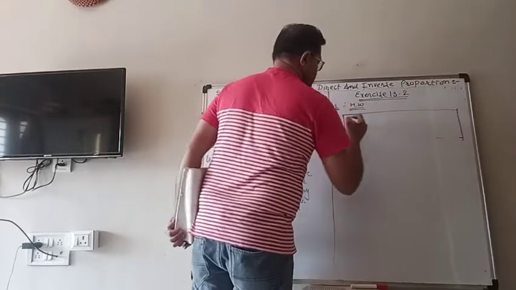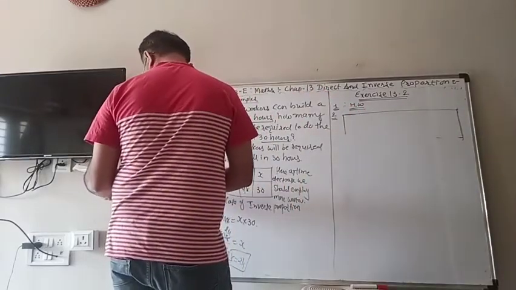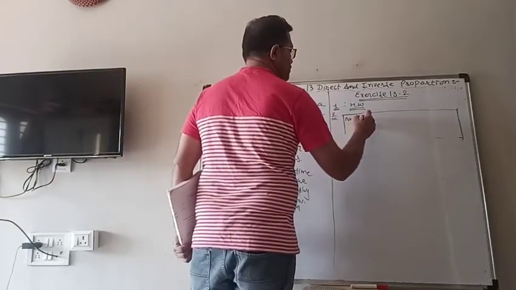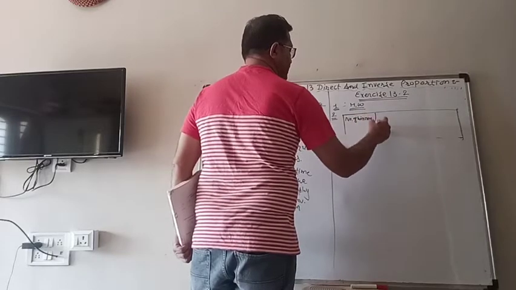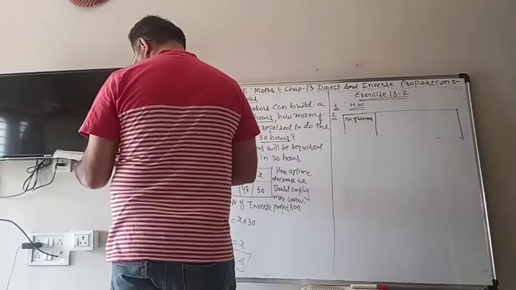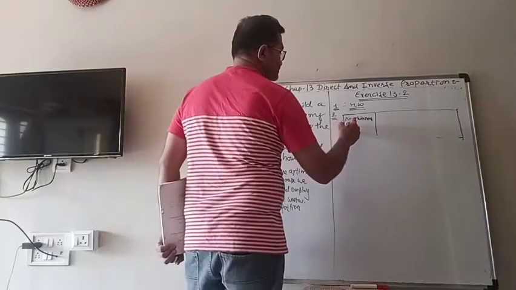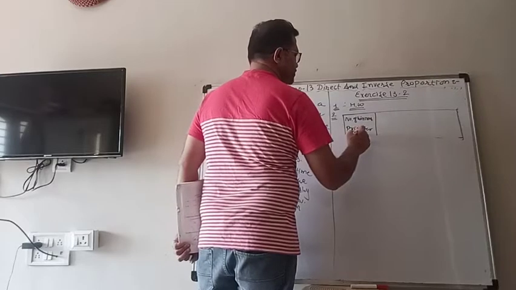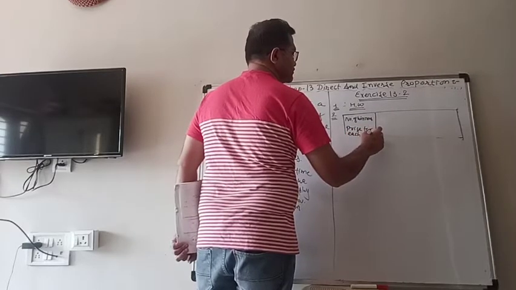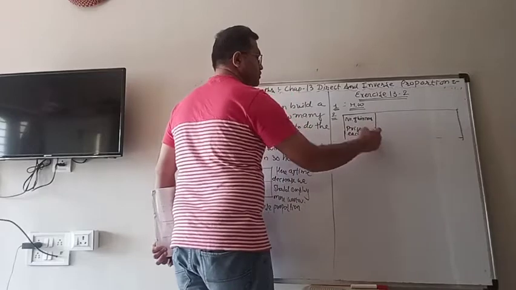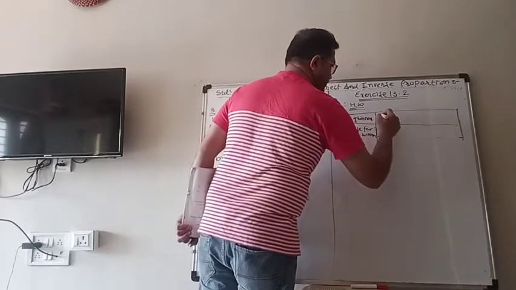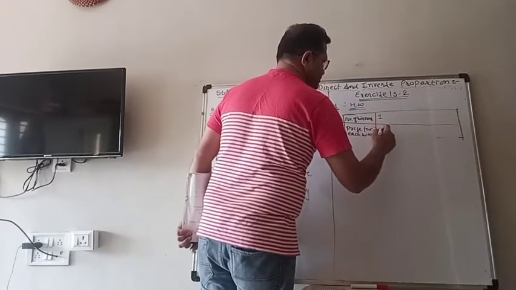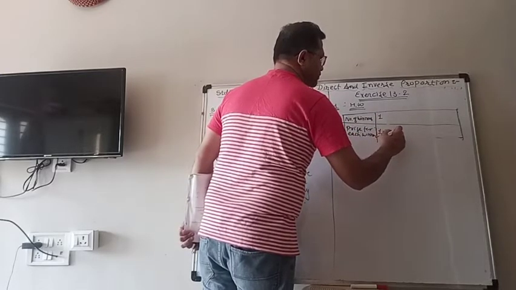So here we will write down the table first. Number of winners and price for each winner. So if there is only one winner, that one winner will get the whole money, means 1 lakh rupees.